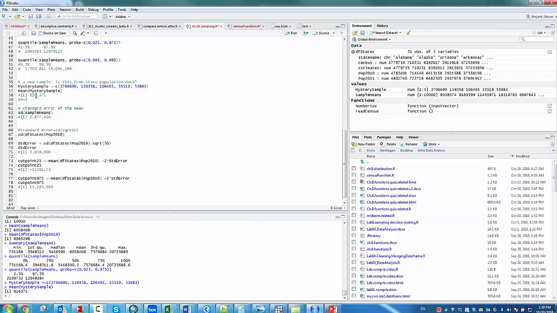So you're given this data set, and the quantile value when you create a lot of sample means based on the 2010 population data will give you the range, and if the new sample mean is below that level, that means it's highly likely that this new sample is not from the state's population. So that's one thing you can know.